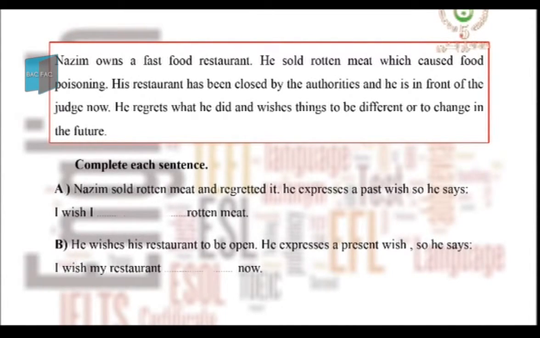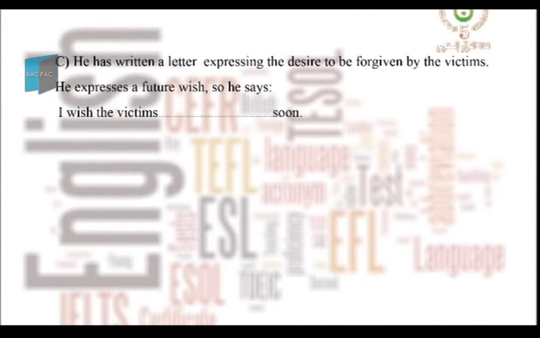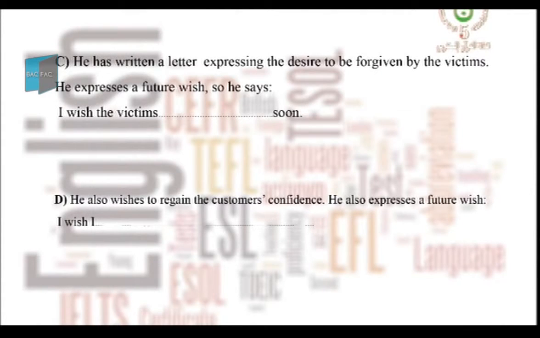Third one, he has written a letter expressing the desire to be forgiven by the victims. He expresses a future wish, so he says, I wish the victims soon. And he also wishes to regain the customer's confidence. He also expresses a future wish, and he says, I wish I. Right? I think now you are ready for us to correct the activity. Let's start.